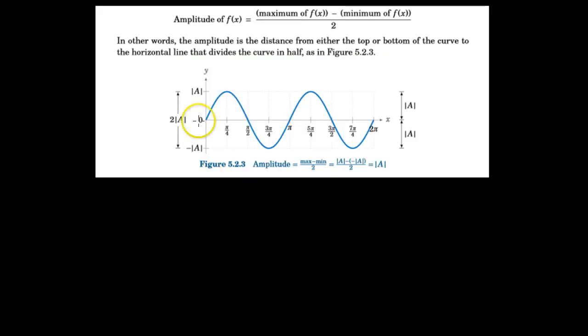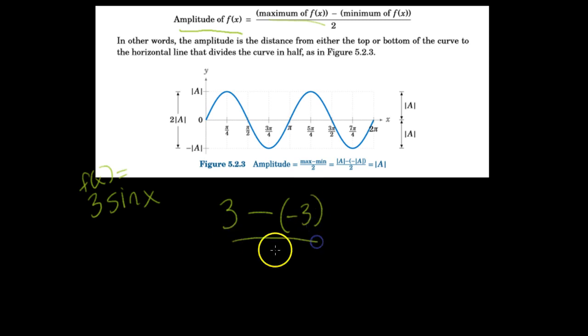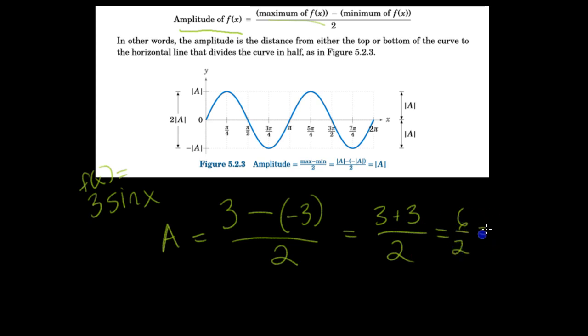And this is the idea of amplitude of a function. You take the maximum of it. So we had something like it went up to 3. For our graph, it was 3 sine of x. That was f of x. So the maximum it got was 3. And then the minimum it got was down to -3, and you divide it by 2, and that is equal to the amplitude. So amplitude will be 3 plus 3 over 2, which is equal to 6 over 2, which is equal to 3.